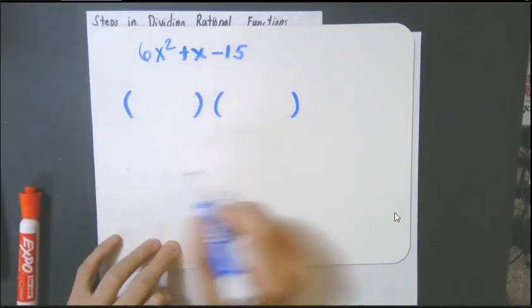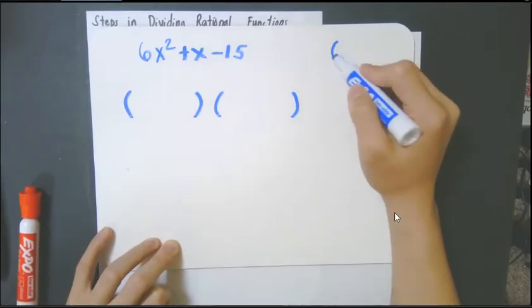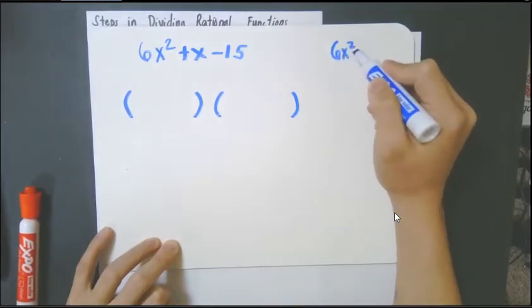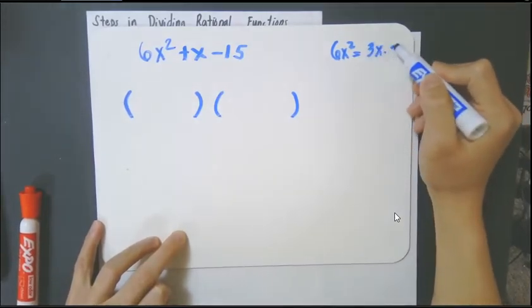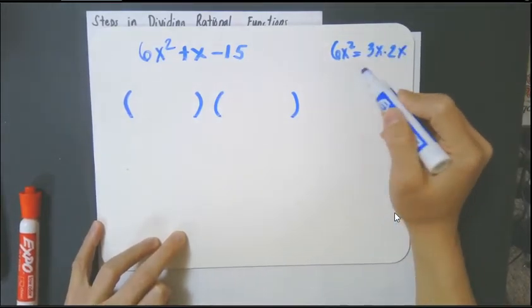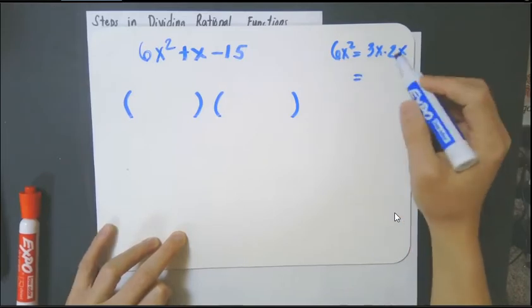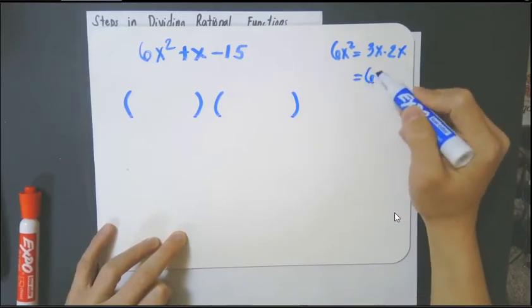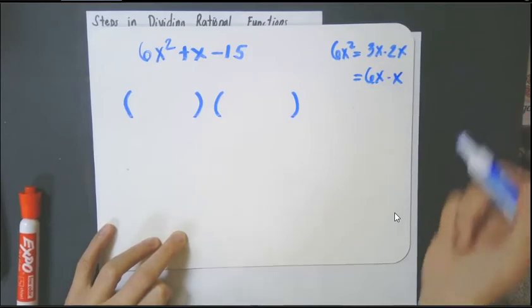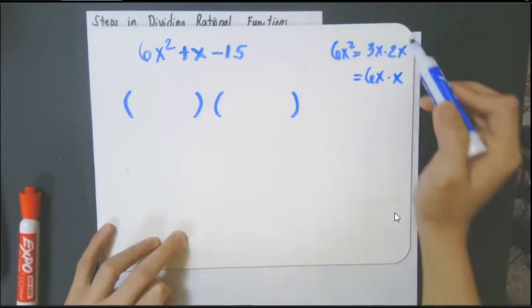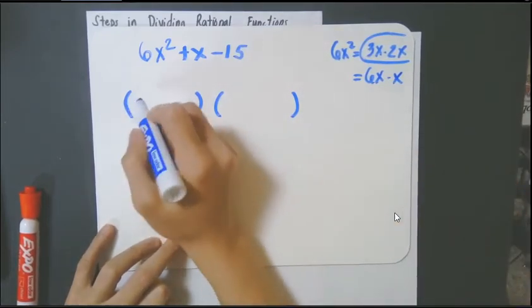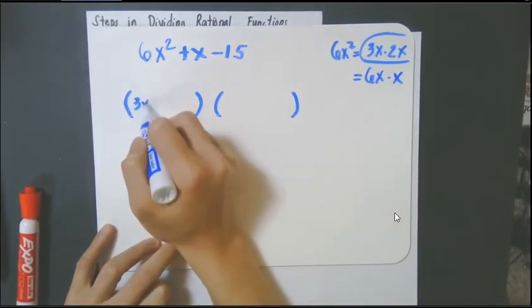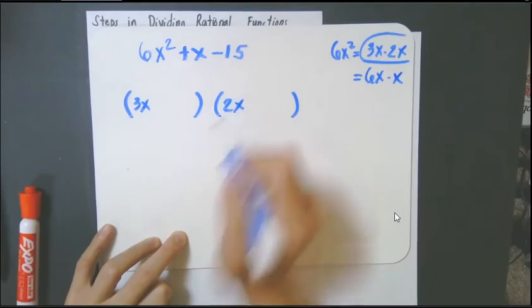First thing you'll factor is 6x squared. So what are the factors of 6x squared? 6x squared can be factored as 3x times 2x, or as 6x times x. Let me use the first pair, 3x and 2x.